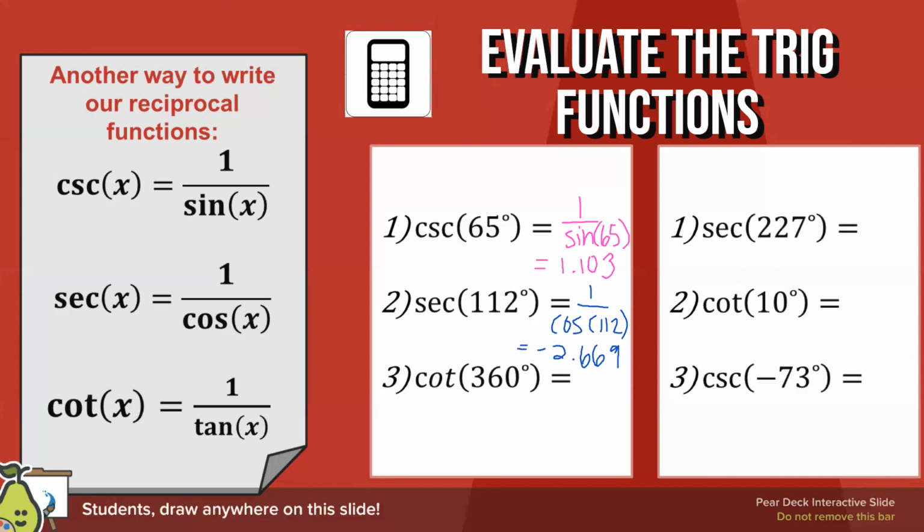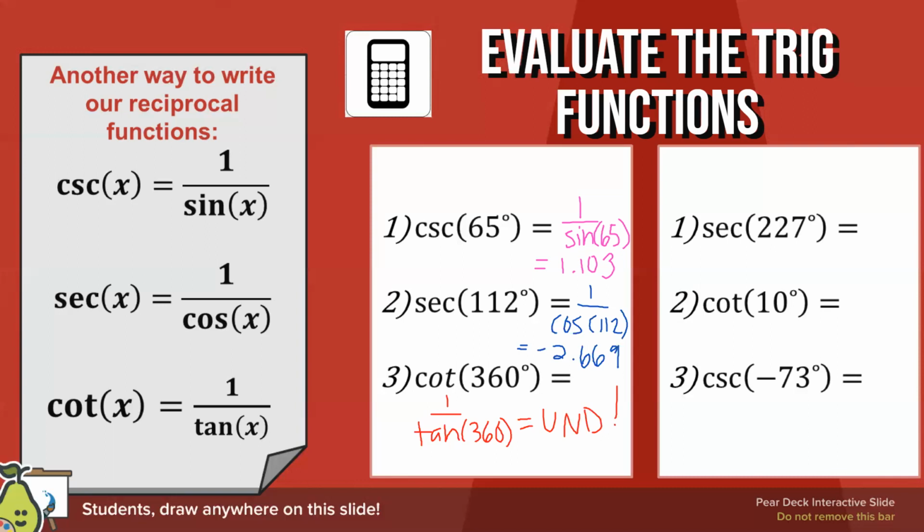Cotangent is going to be defined as 1 over tangent of 360 degrees, which is a whole rotation. 1 divided by tangent of 360 degrees. And it says error. It's undefined because we're dividing by 0, and we can't do that.